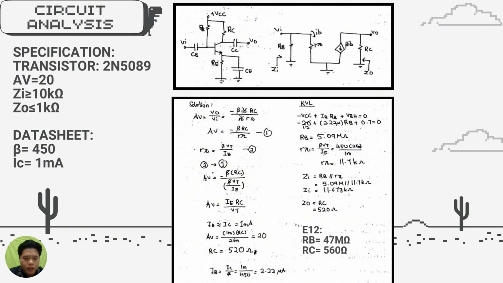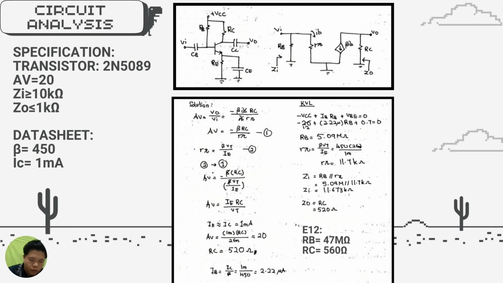We know R pi is equal to beta VT over IE, and we can combine equation 2 and equation 1. AV equal to negative beta RC over R pi, where R pi is beta VT over IE. We can cancel beta, and we get AV equal to IE RC over VT.